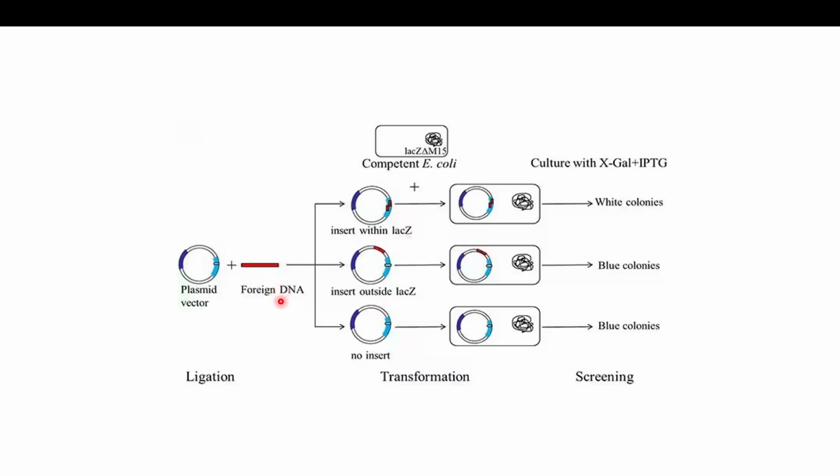Okay. Now, if the foreign DNA is inserted within the lacZ gene in the plasmid vector, what will happen? It is disrupting the functionality of the lacZ gene. So, functional alpha peptide won't be produced, right? Competent E. coli cells which have this delta M15 deletion will be producing omega peptide, definitely, that is already there.